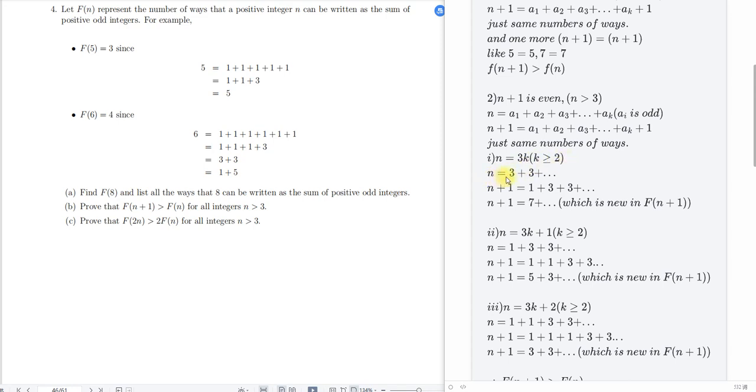So n can be represented as 3 plus 3 plus 3, all 3s, because n equals 3k. And n plus 1 will be 1 plus 3 plus 3. Since n is greater than 6, there are at least 2 threes.